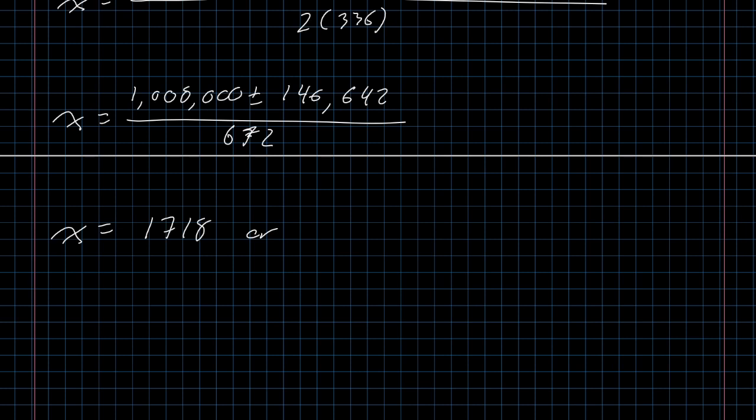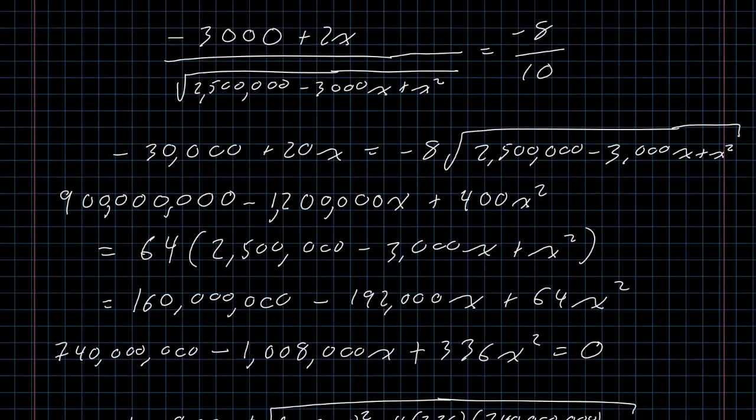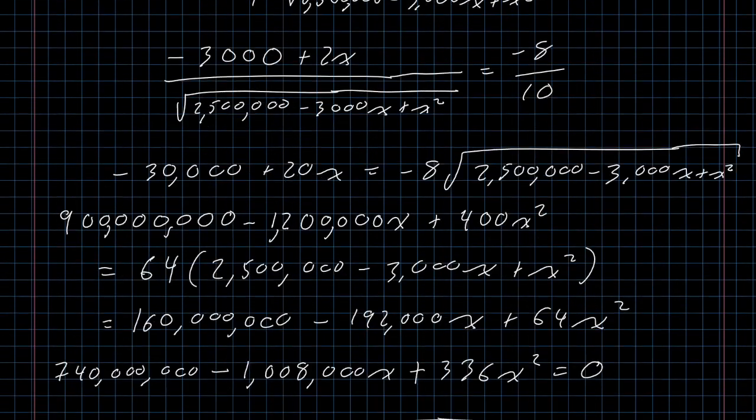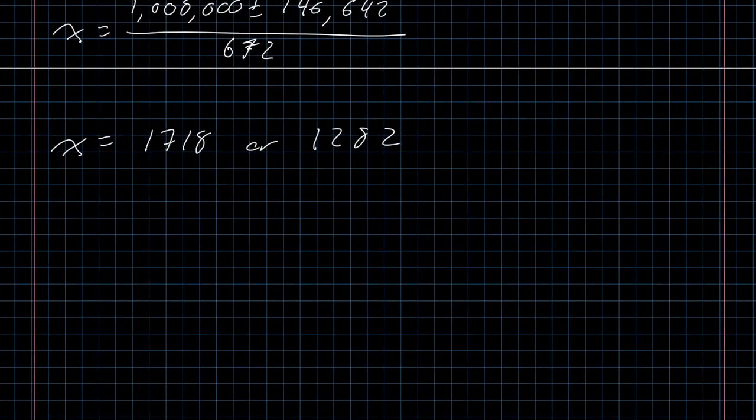And I get something on the order of 1,282. Those are our two possible critical values. If I scroll all the way back up, where was it? There it is. We are only interested in this interval between 0 and 1,500. This is not in the interval. This one is.